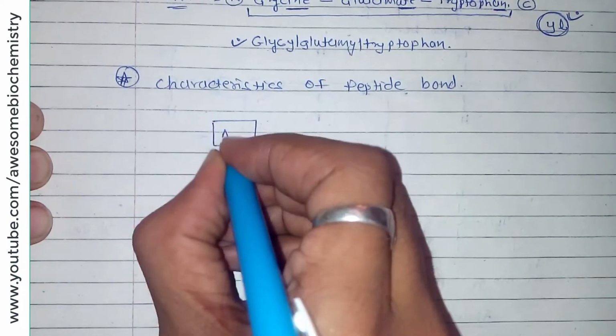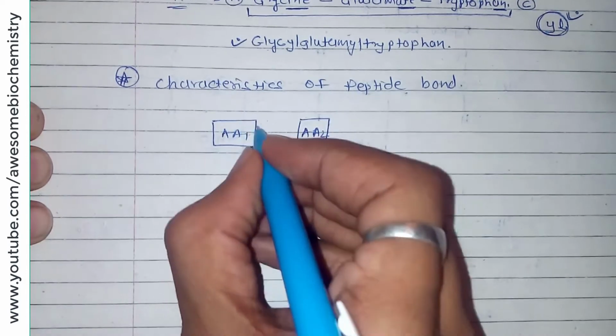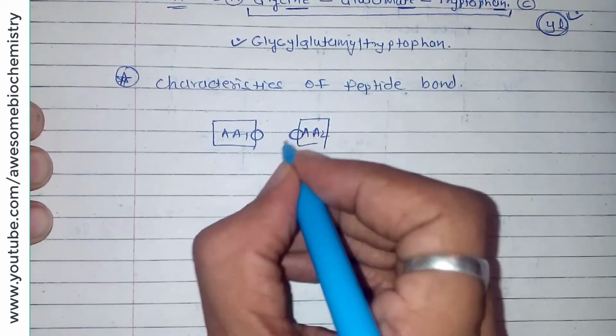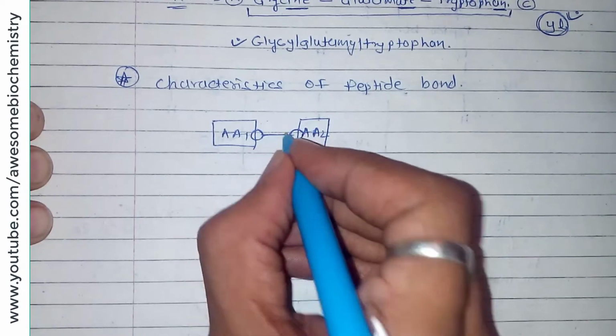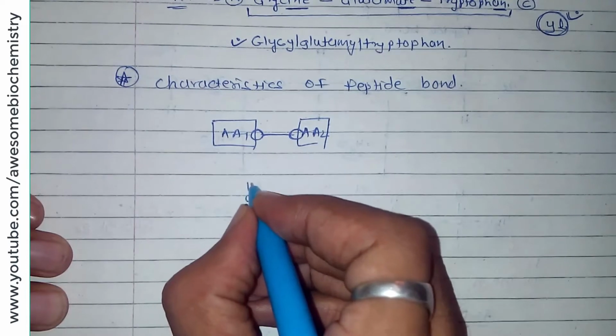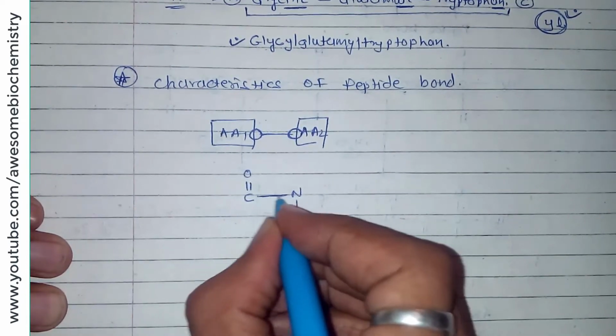This is amino acid 1 and amino acid 2. This bond is between the carboxyl group of one amino acid and the amino group of another amino acid, right, that we had seen just a moment before. So this bond is between this C double bond O and the NH group. This is the peptide bond.